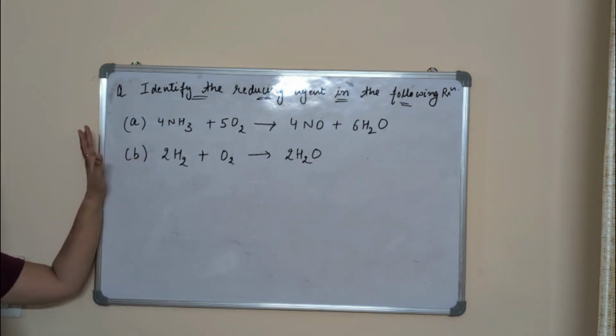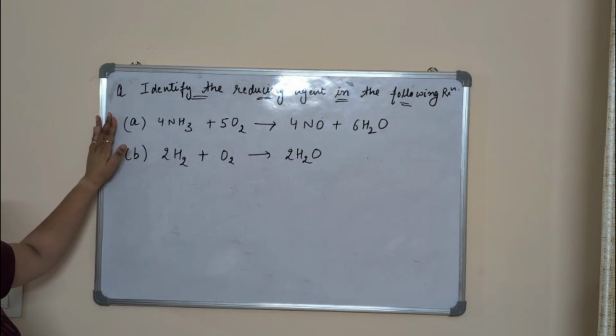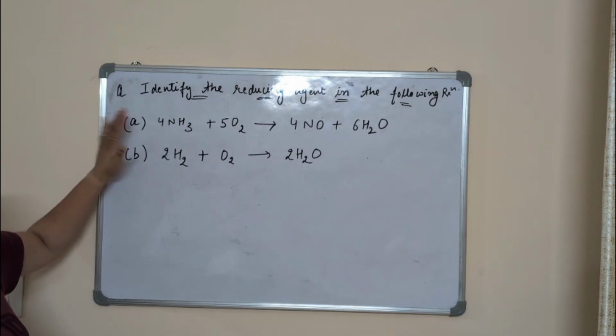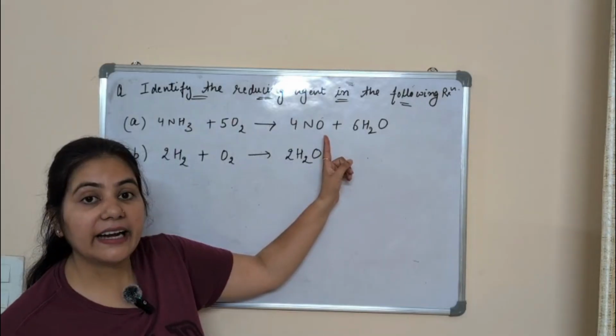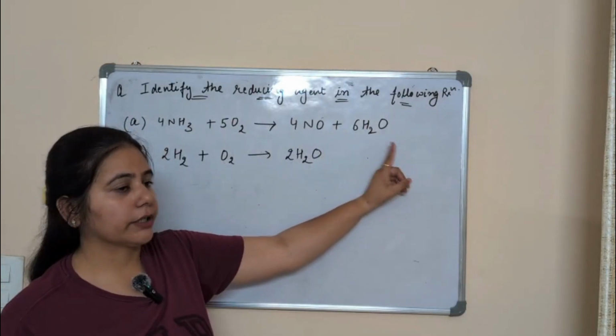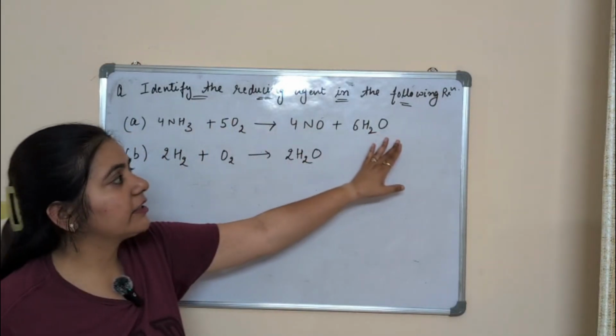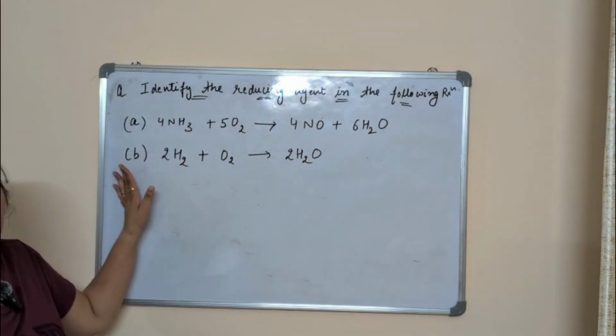So let us continue with the first part, that is part A, in which we can clearly see the reaction of ammonia with oxygen will give nitric oxide NO along with water. So we have to identify the reducing agent in this first equation.